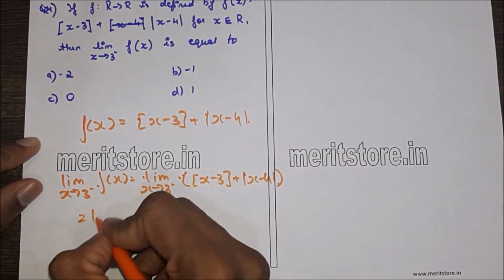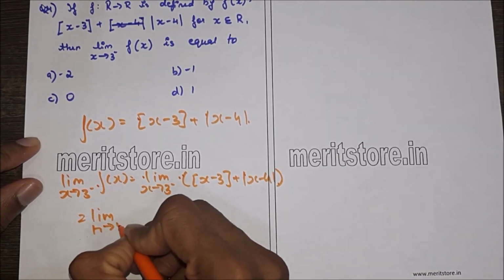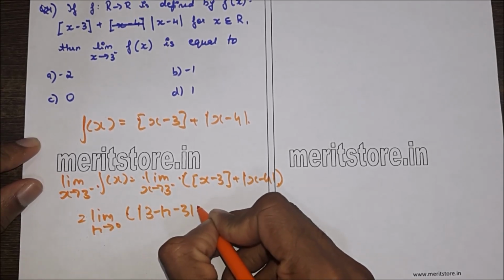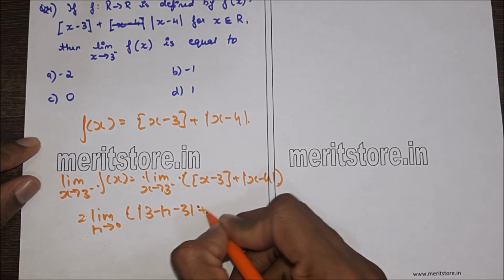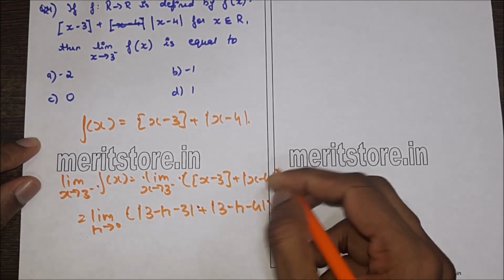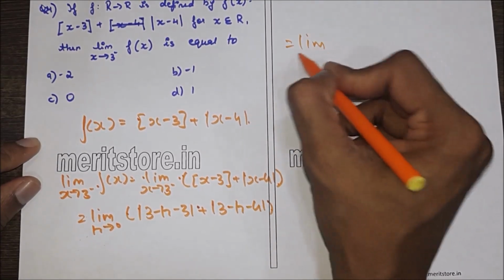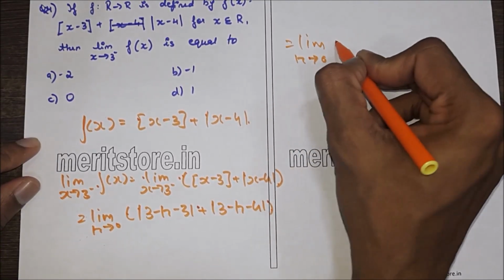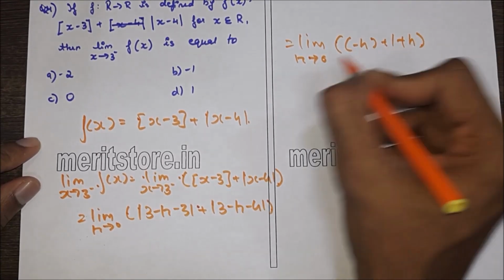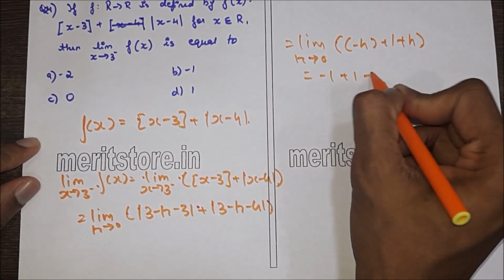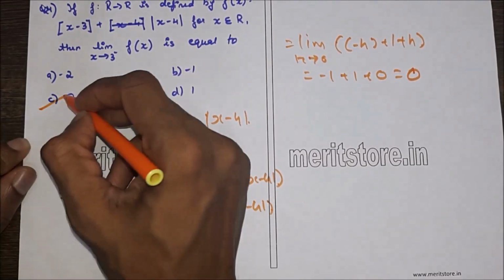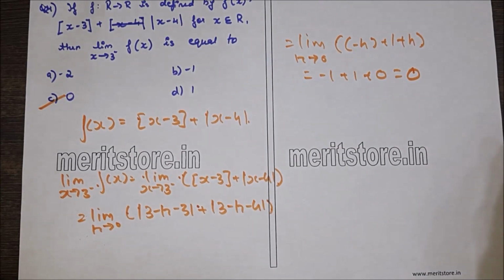Further, we can write the limit as h approaches 0 of (3 minus h minus 3) plus mod of (3 minus h minus 4). For solving, the limit as h approaches 0 gives minus h plus (1 plus h), which is equal to minus 1 plus 1 plus 0, which we get as equal to 0. Therefore, option C is the correct answer.